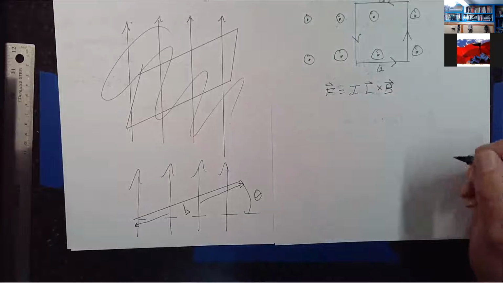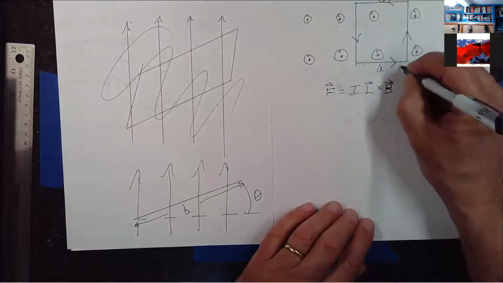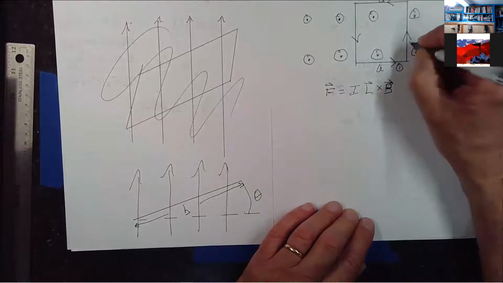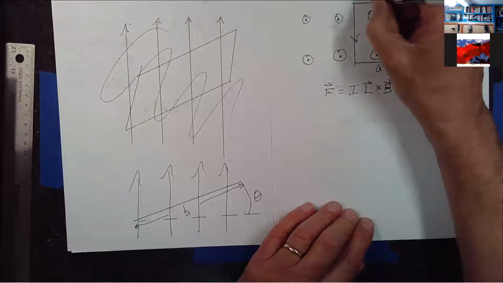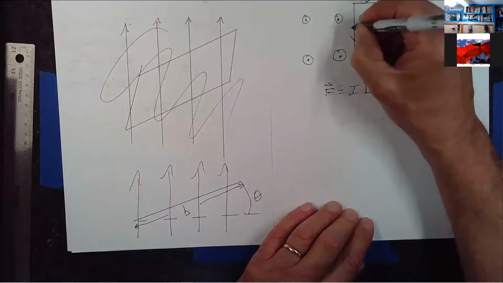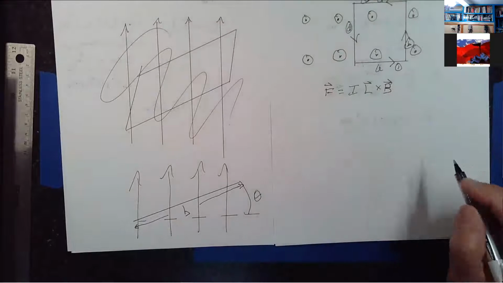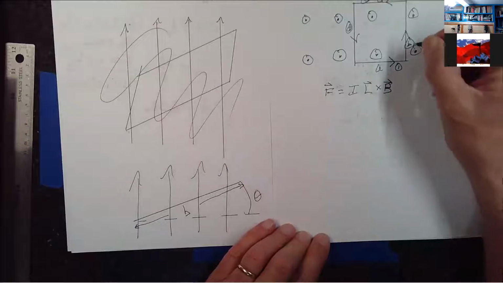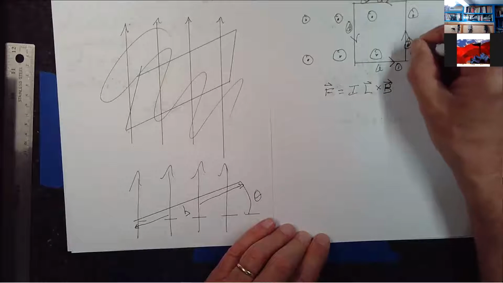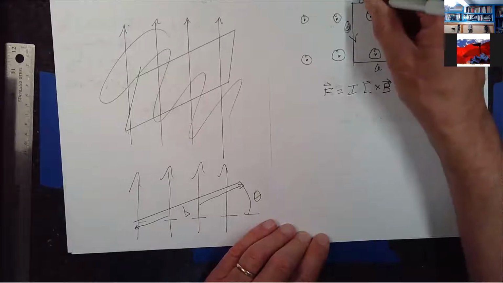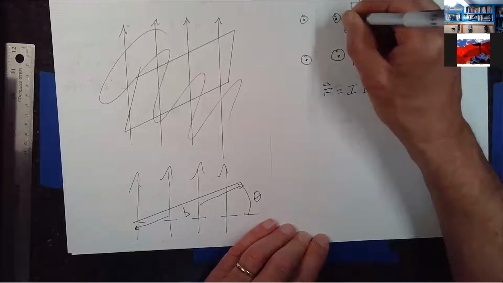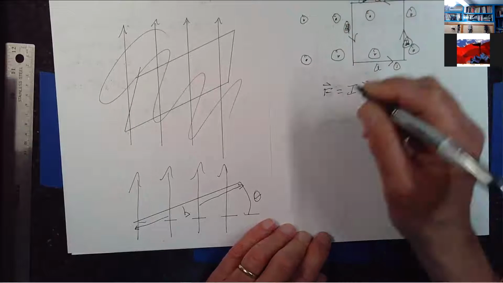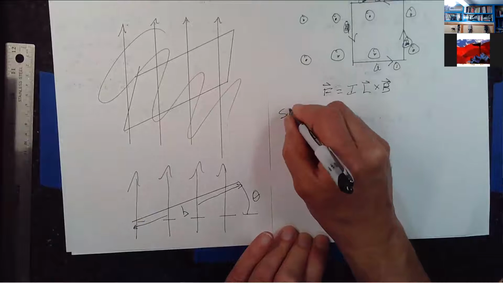And I'll number each side, or letter them anyway. I started off numbering them, didn't I? 1, 2, 3, and 4. Okay, so side 1.